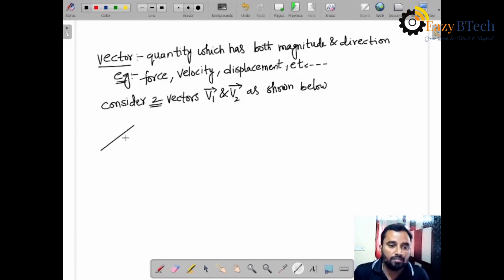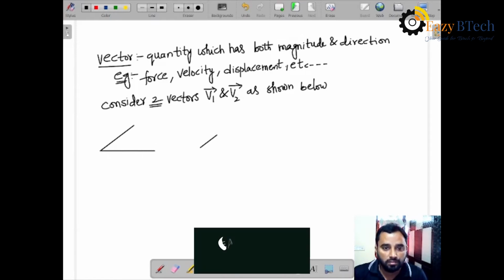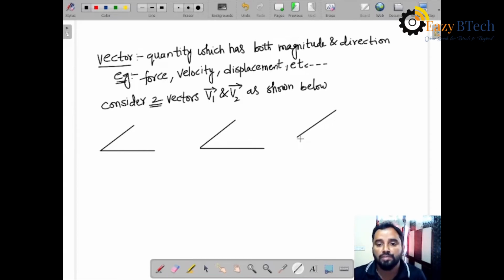This vector is V1 and this is V2, and in the second diagram V1 and V2 again, and in the third diagram V1 and V2 again. So three cases I am showing here.